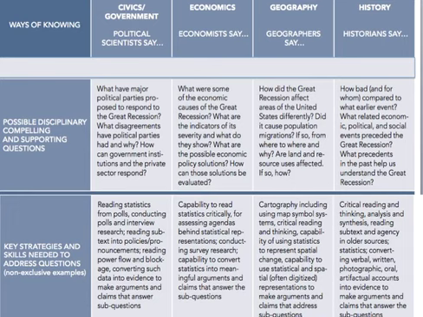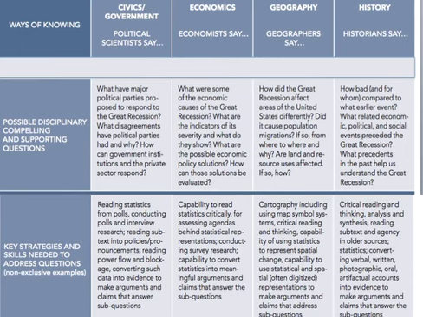Then if you look at the bottom row, the key strategies and skills needed to address these questions, here you'll find examples of conceptual knowledge and tools within the discipline, or the disciplinary literacies, that experts in the field might use to make sense out of those questions. So someone in civics might need to read statistics from polls. In geography, they might need to understand map symbols and do critical reading and thinking of maps.